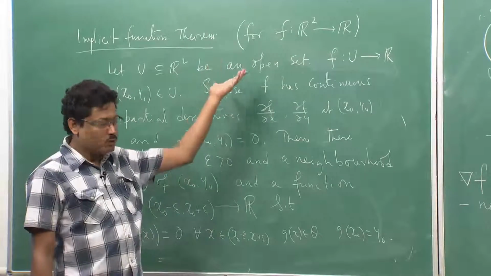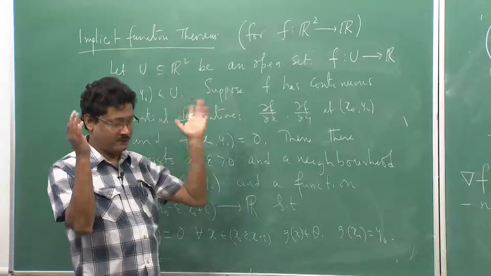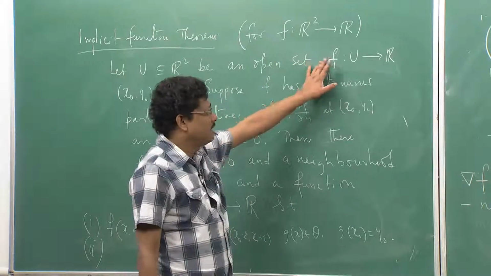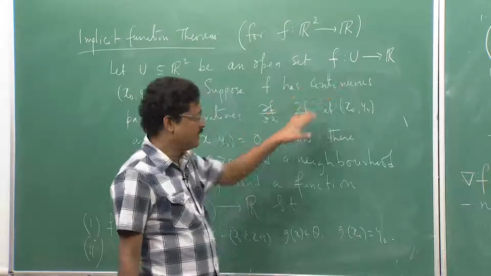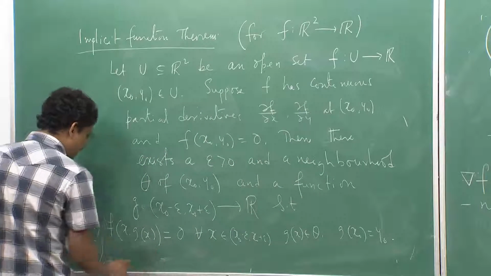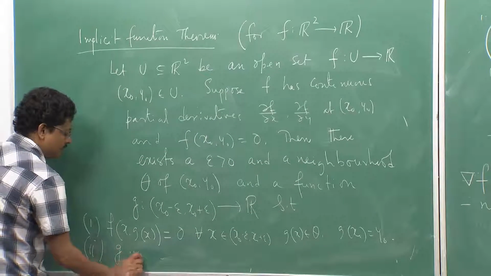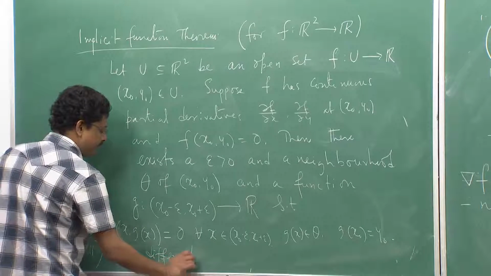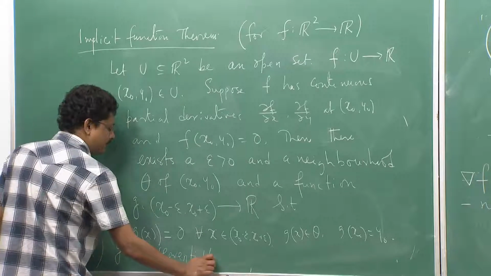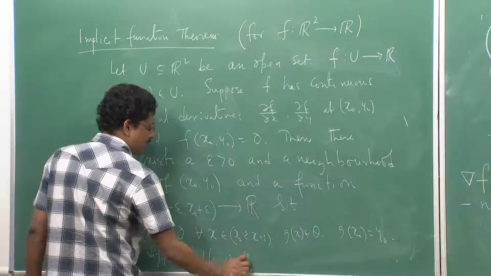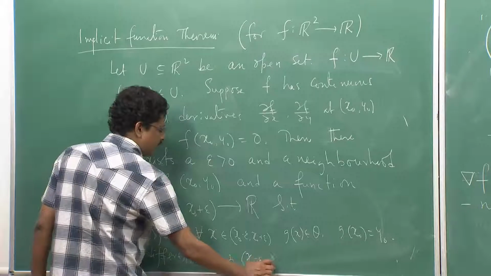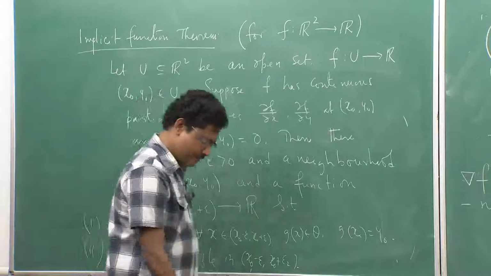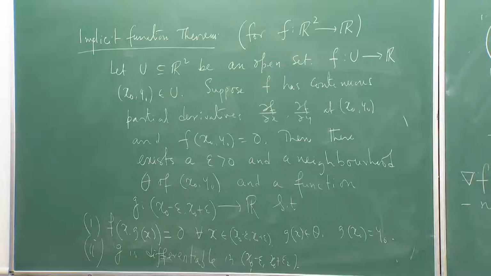So, f is a smooth level curve; in layman's terms, f is a nice function of two variables. And so, we will also get g is differentiable in the entire interval. So, this is the statement of the implicit function theorem from R2 to R.